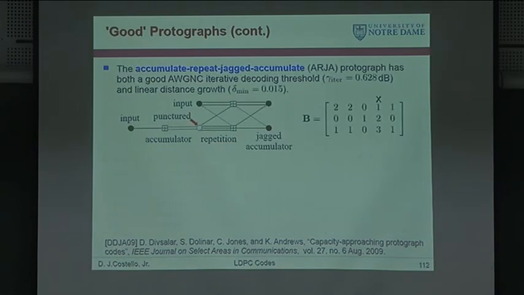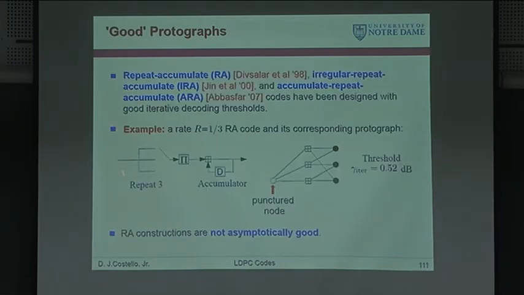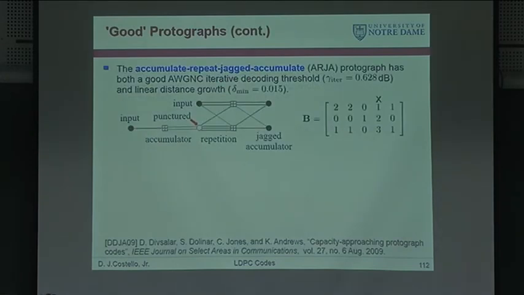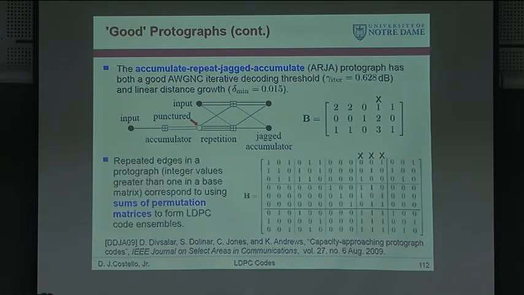The other thing I wanted to mention, which I've talked to these guys about: here we had a nice simple encoder. That's really nice because usually you have to worry about encoding with low density parity check codes. But once they took this viewpoint in the H matrix domain with protographs and then started to modify them, they still call them accumulate, repeat, jagged, accumulate.